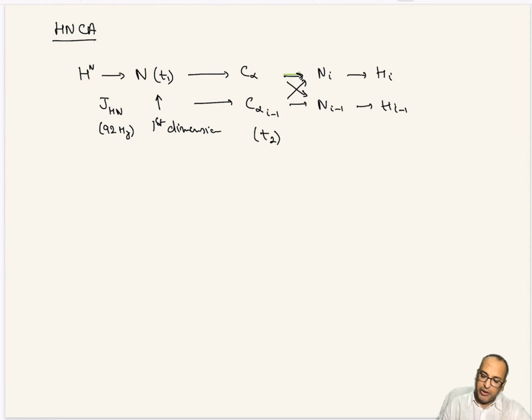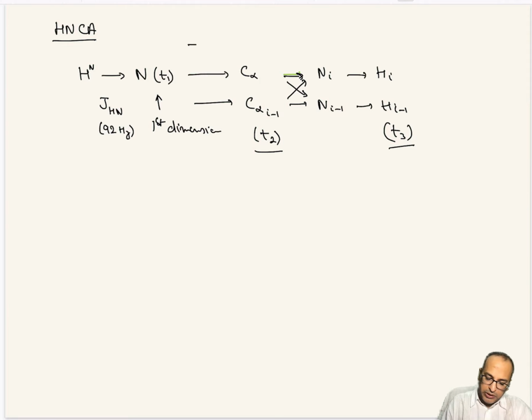And you also label the frequency here using chemical shift evolution while the magnetization is on C alpha, and then this is the acquisition part, T3. Okay, and this is the regular INEPT over here.